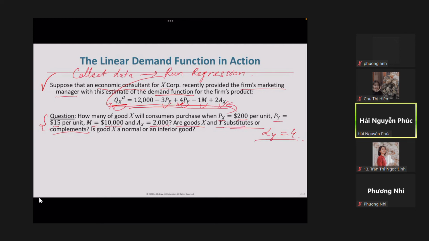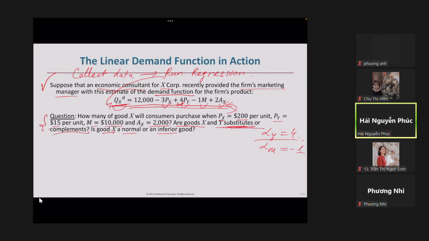Next question. Is good X a normal or inferior good? You have to pay attention to alpha M. Based on the demand function, you know that alpha M is equal to -1.